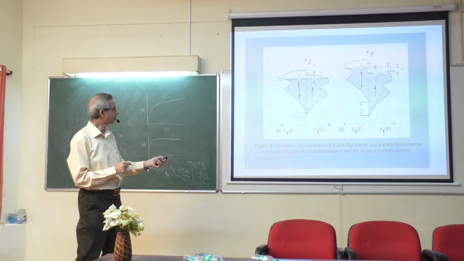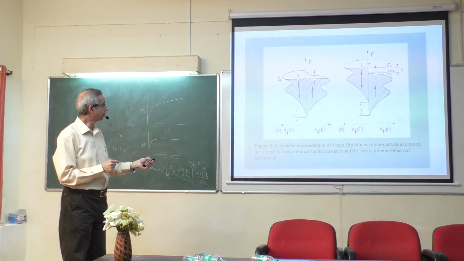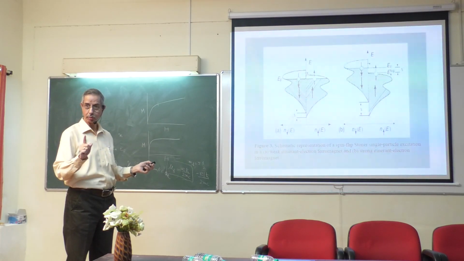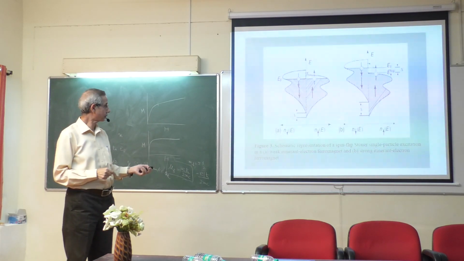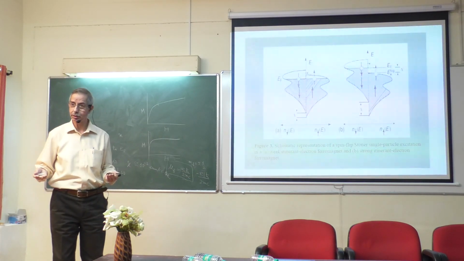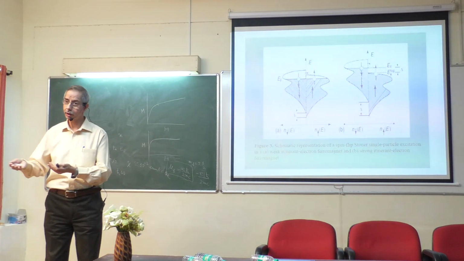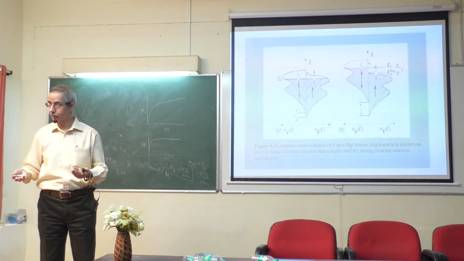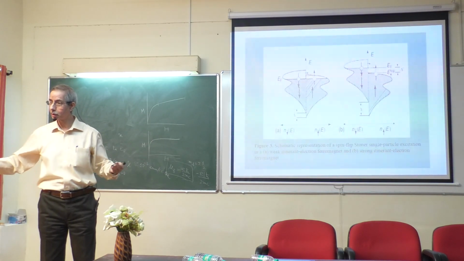So now what happens is that if this spin up hole and spin down electron don't form a pair, and they see this exchange field independent of each other, both will react to that field differently, and they are independent of each other.